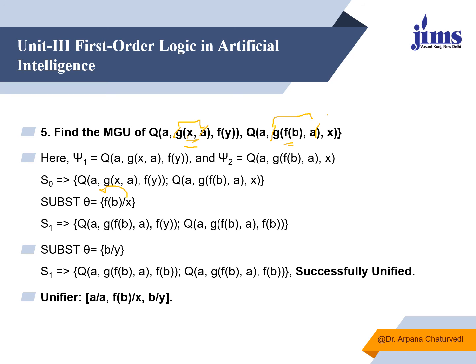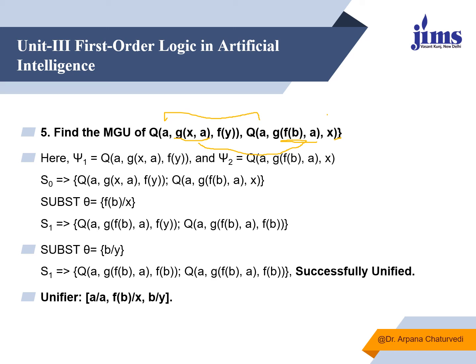Now we are left with the third one, that is f(y), and here it is x. Right? So if we look carefully, we have already solved this. Here g(x), A and f(b) get replaced.